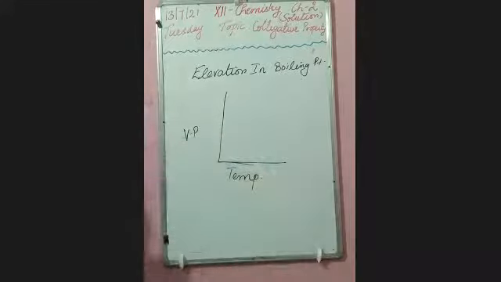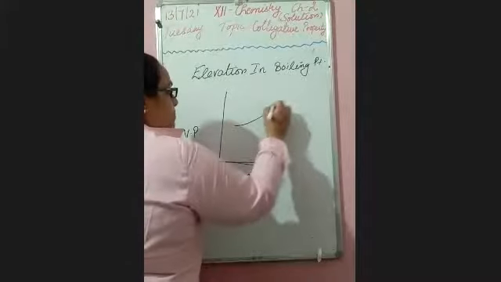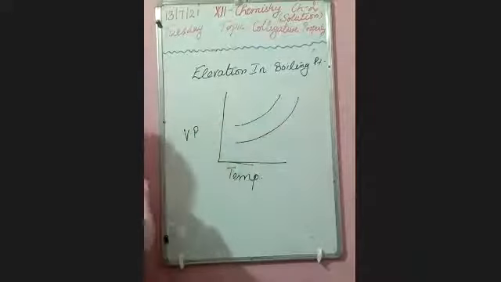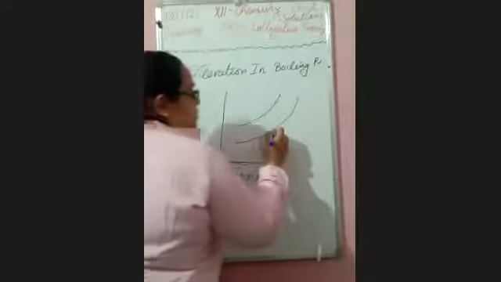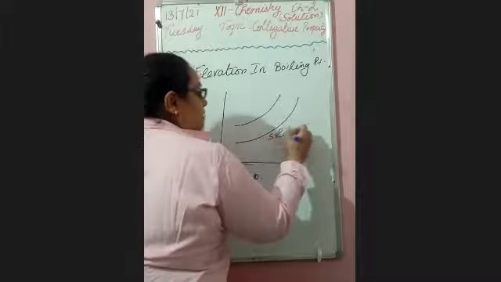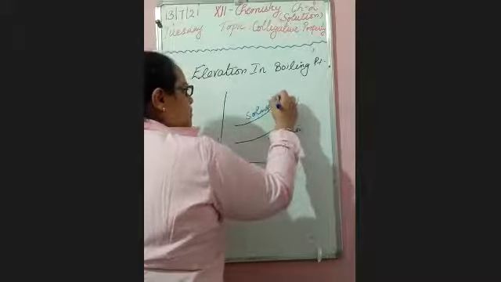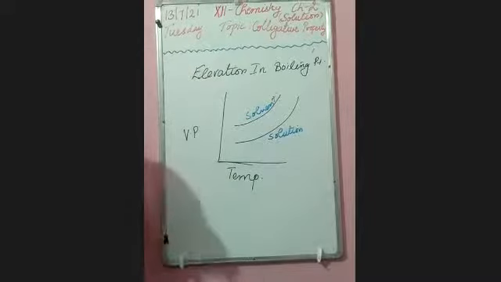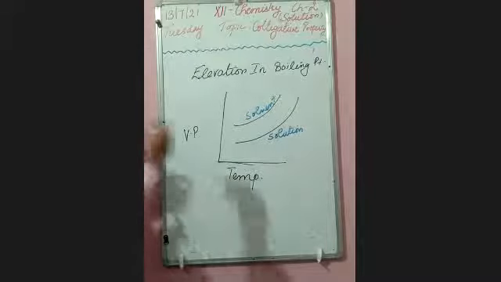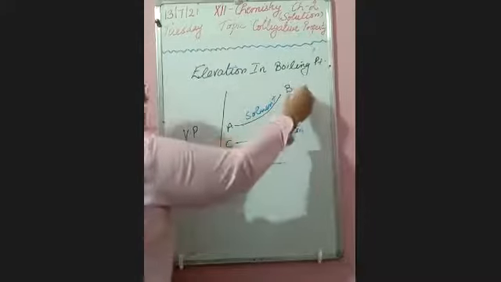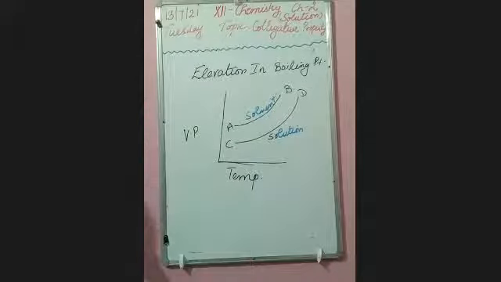I am plotting the graph for a particular solution or a solvent. For example, this graph is for a solvent and this graph is for a solution. So, my dear, suppose this AB graph represents the solvent and CD is for the solution.